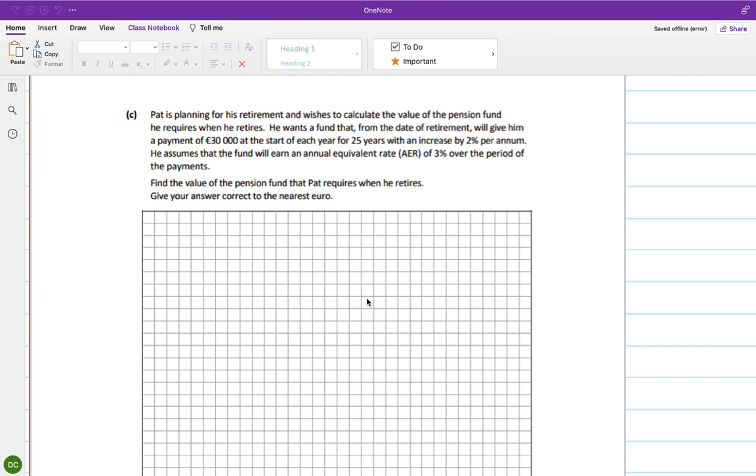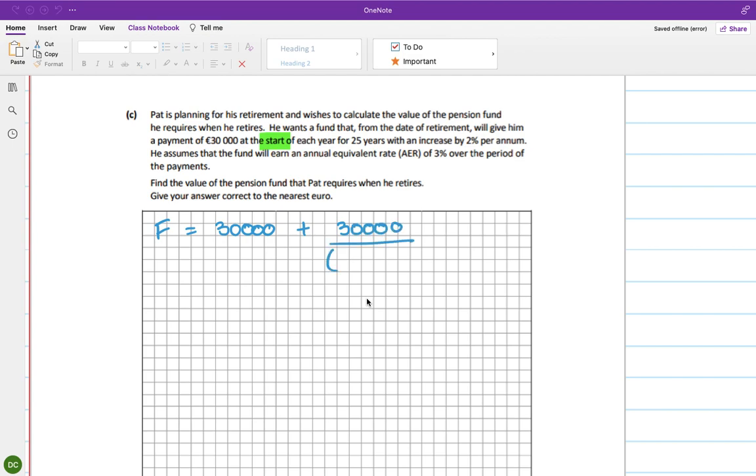So there's a certain value of his pension. His first payment is just 30 grand. It happens at the start, so there's no interest on it or anything like that. Now, this is the weird bit. The second year, we want a present value.